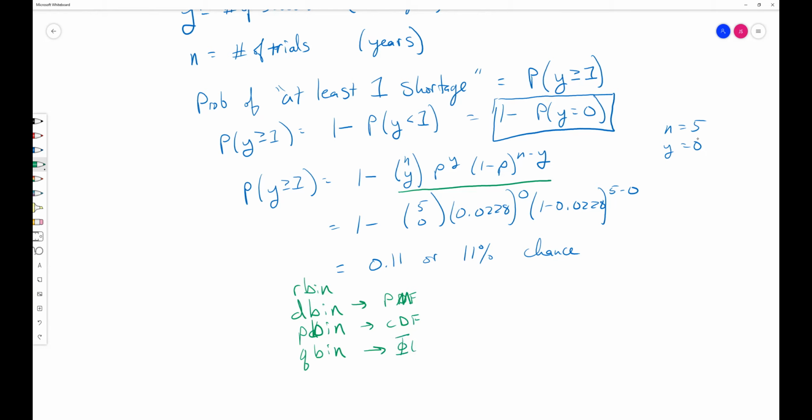If this were the normal distribution. Sorry, that's not correct. The way this works is if you plug in a probability, it gives you the number of successes over n trials.